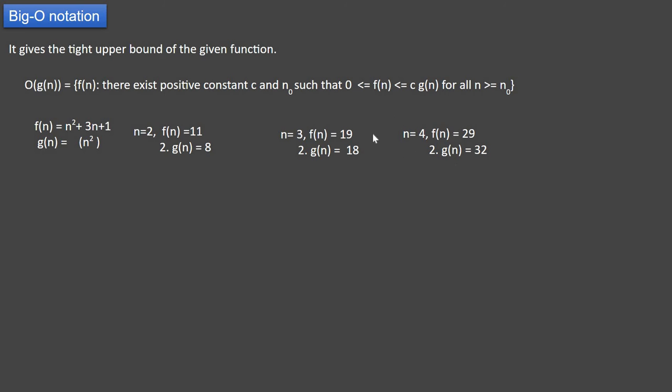When this happened after this value, you can even see that these are almost equal values. There is only a difference of one number, right? So this value is important for us, and we can say this n naught value is 3. Now let me read this statement separately. fn is greater than or equal to 0.